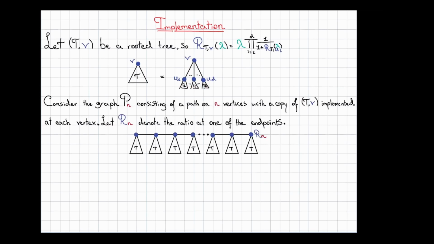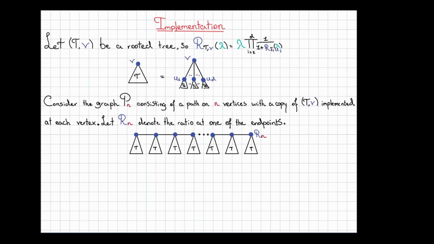So what happens if I look at this construction here? I have a path on n vertices, and I hang a copy of that tree on each vertex of the path. And now I want to calculate the ratio at this endpoint. I can use my formula for that.